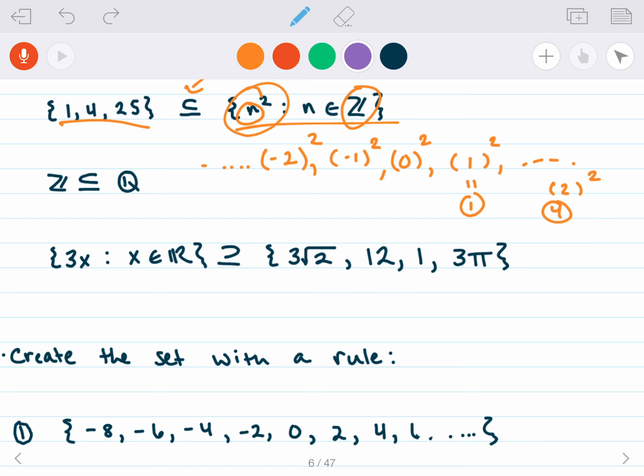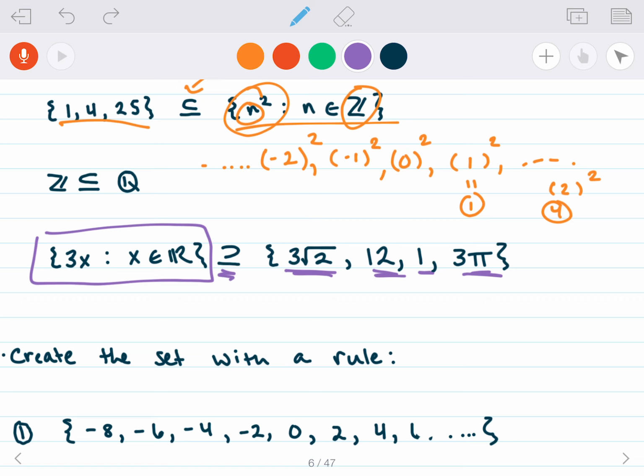Okay, so convince yourself that this is true. Why does this set contain these elements? What's the reason? Well, the reason is that every element in my set is of the form 3 times x, where x is any real number.